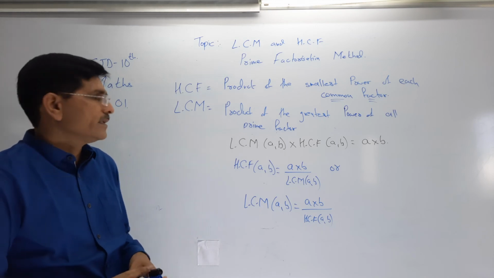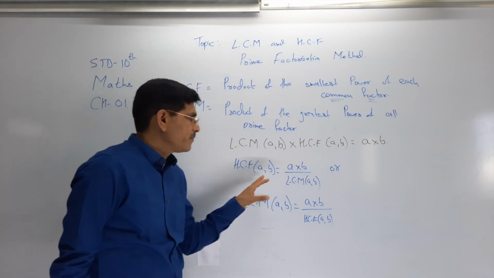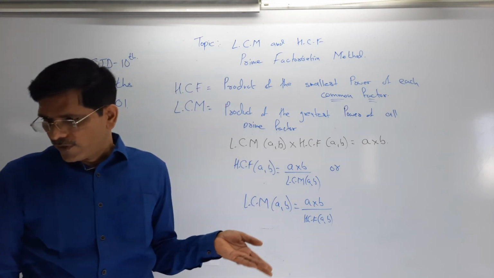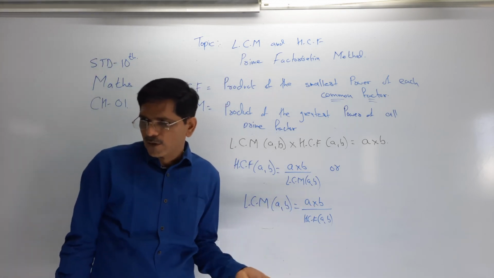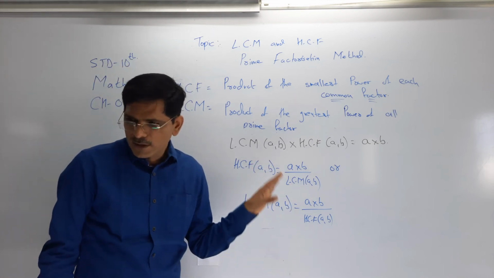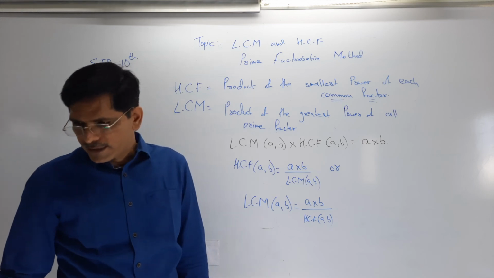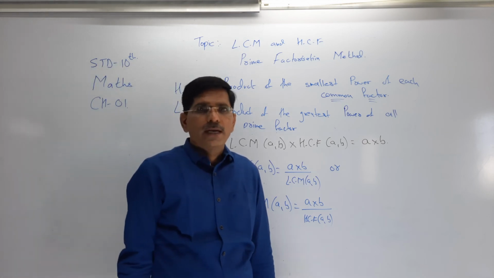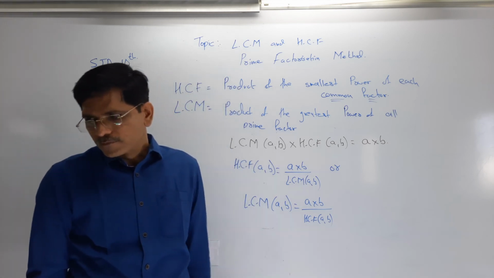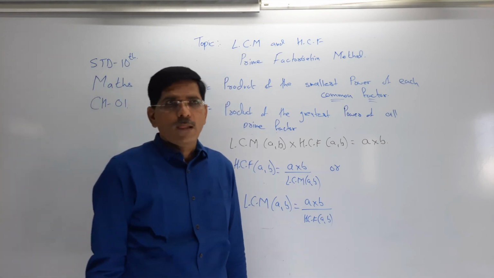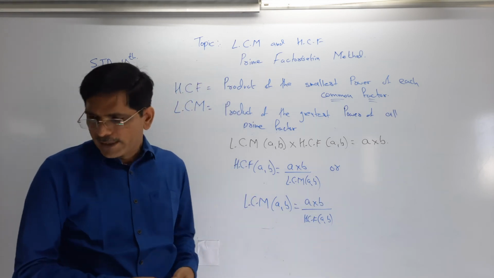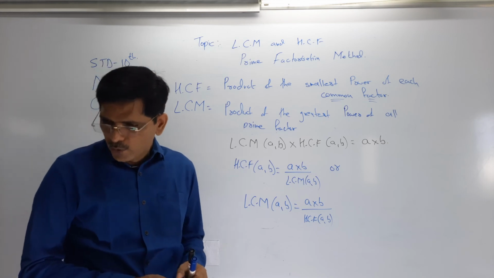You will understand this. To find out LCM using two terms, this is important. Now one question: if HCF is given, find out LCM. So we can find it by using this. One example here: 96 and 404. The question is to find LCM when HCF is 4.